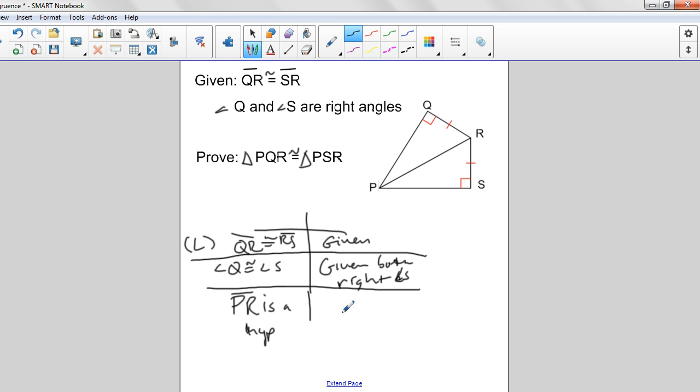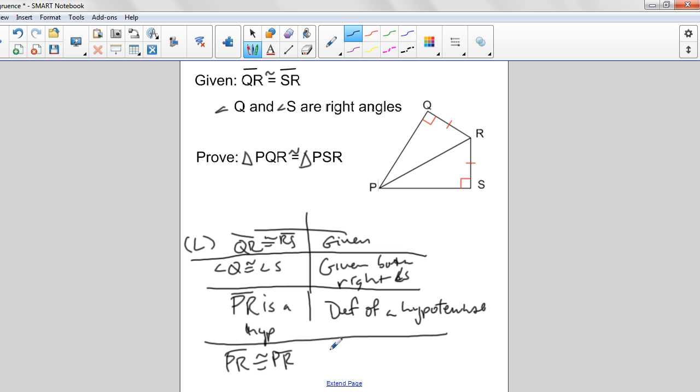And since we know PR is a hypotenuse, that comes from the definition of a hypotenuse. Once again, this line doesn't need to be in there. But once we know that this is the hypotenuse, we can say that PR is congruent to PR. Well, this is the reflexive property.